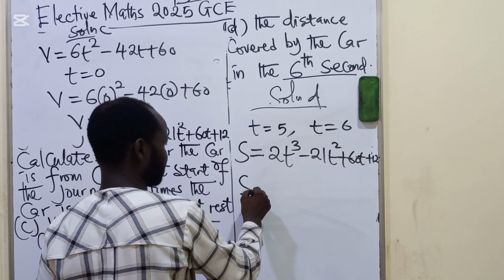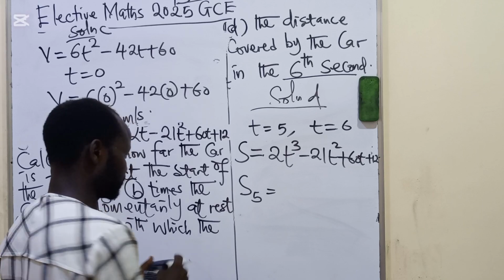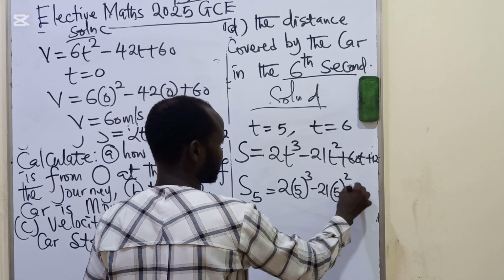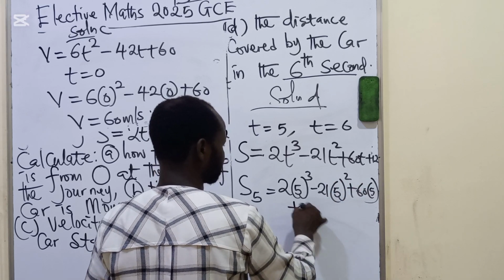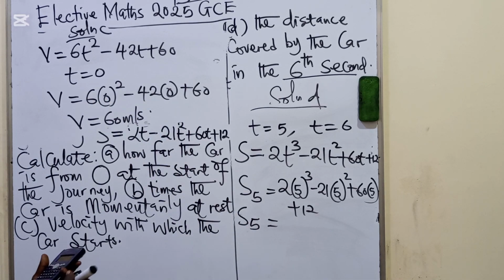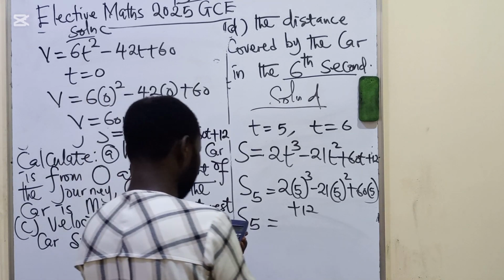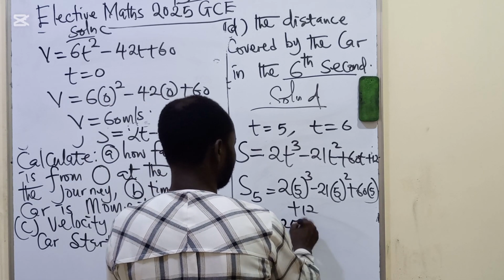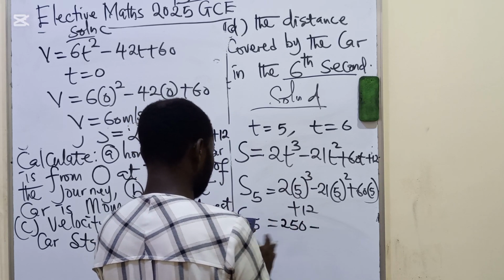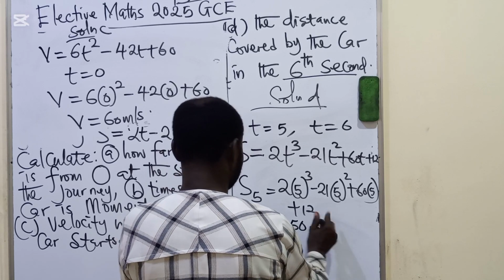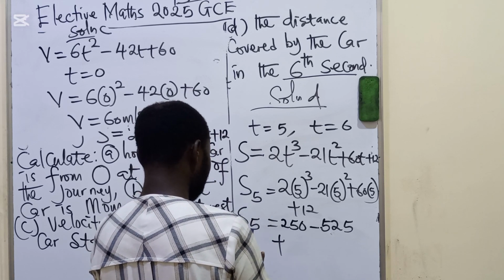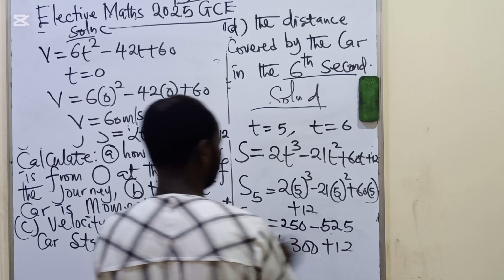So when t is 5 now, what will be the distance? Let's substitute 2 into 5 cubed minus 21 into 5 squared plus 60 into 5 plus 12. 125 times 2, that's 250, minus 25 times 21, that's 525, plus 60 times 5, that's 300, plus 12.